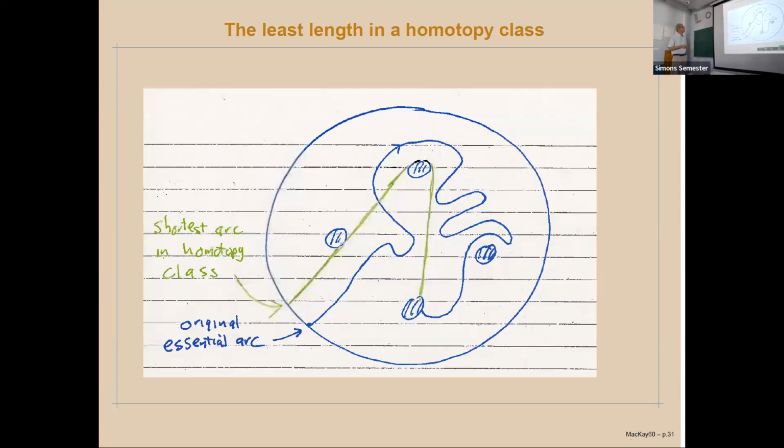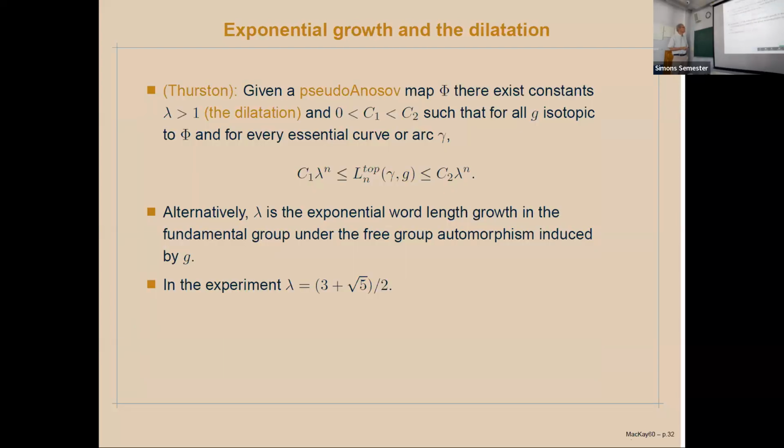Okay, so here I think I drew a picture. We have this curve and we tighten it down and compute its length. All right, so that's what we mean by the length of a curve. And here's something that goes back to Thurston: if you have a pseudo-Anosov map, it forces things to grow in a very kind of macroscopic topological way.